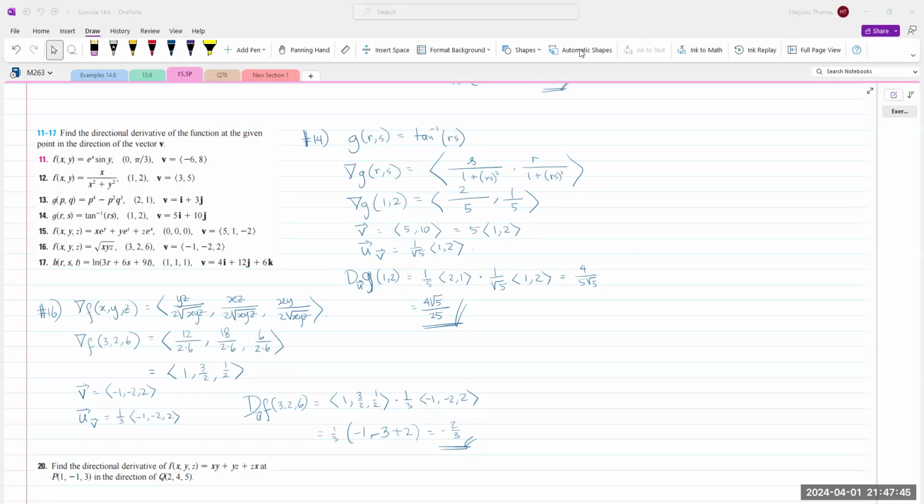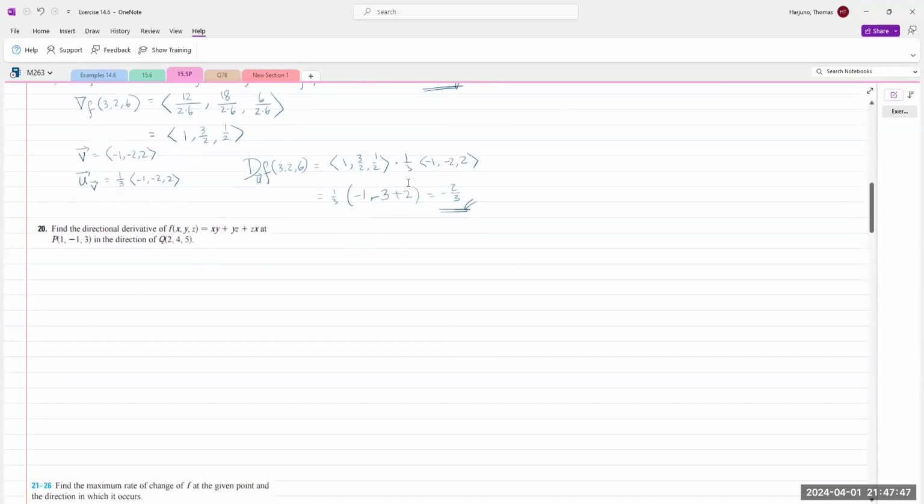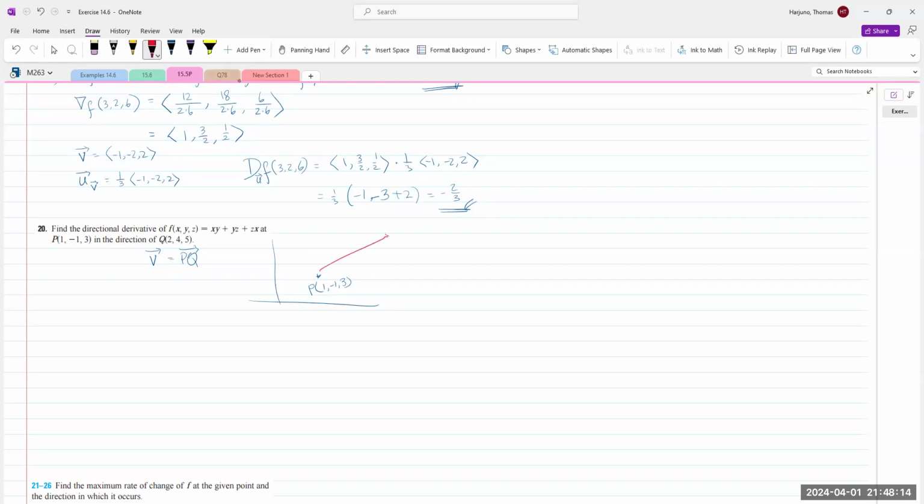Okay, let's see number 20. Find the directional derivative of that function at that point in the direction of q. The thing is, this is not vector v. Vector v is equal to the vector from p to q. So imagine you have the coordinate (1, -1, 3), that's the coordinate p, and you are going to q. Coordinate q is (2, 4, 5).